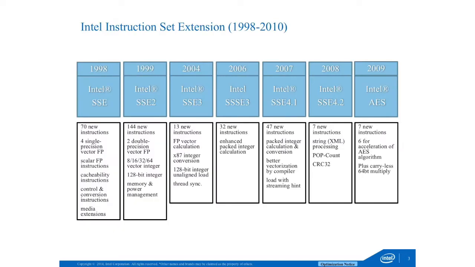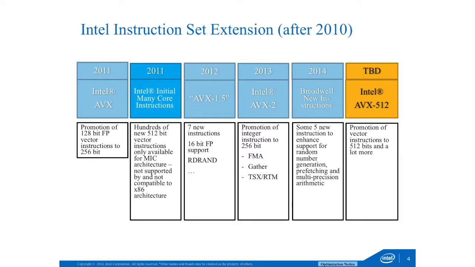I think I will relieve you from the history of instruction set extensions at Intel prior to 2009, but you can see there is a long line of things. I will come back to why that is, but let's look at the more recent things. This slide is pretty outdated, it is still to be done, but we can fill in the numbers, I guess. For KNL and for Skylake Server, you can see AVX-512 materialized.